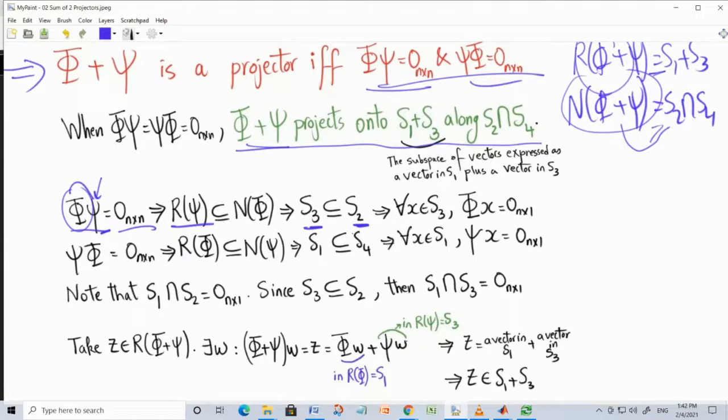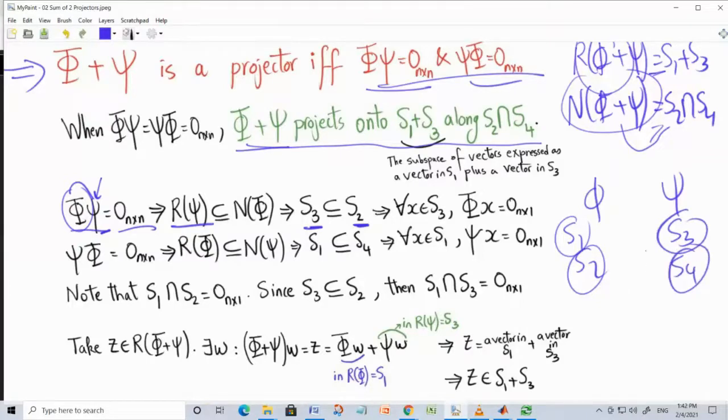So now we have, if psi plus phi is a projector, then phi multiplied by any vector in S3 will give you the all zero vector. Remember what was our starting point? Phi, psi: this is S1, S2, so this is the range, this is the null space, and this is the range, this is the null space. Initially, phi multiplied by any vector in S2 will give you 0, because S2 is just the null space of phi.